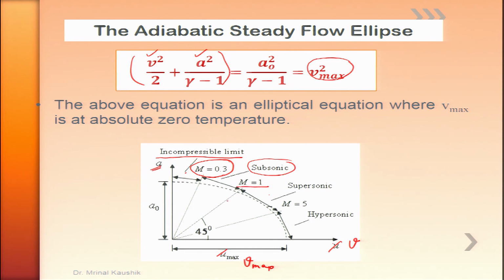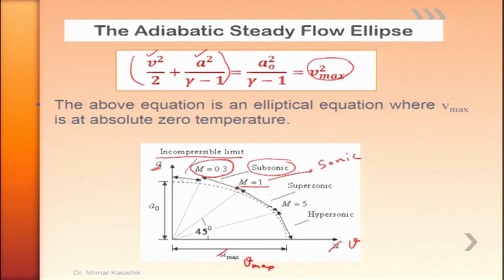Mach number 1 is also called the sonic flow situation, and this is a boundary: incompressible subsonic flow, compressible subsonic flow, and then it moves to supersonic compressible flow only.